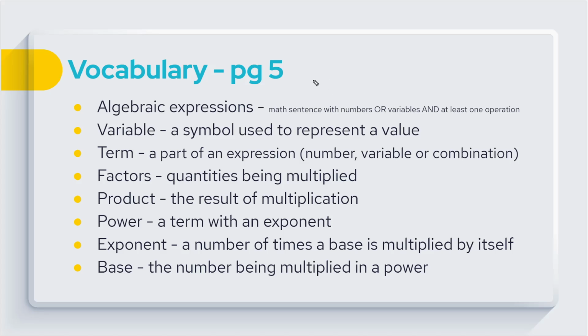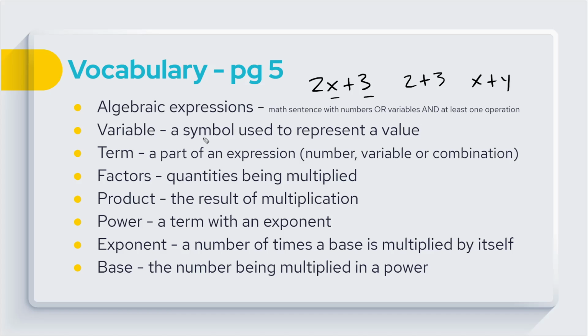Something with numbers or variables and at least one operation. So for example, 2x plus 3. This is an expression because it contains a number or a variable. It doesn't have to have both. 2 plus 3 is also an expression, or x plus y. You don't have to have numbers, you don't have to have variables, but you need to have something in there and some sort of an operation.